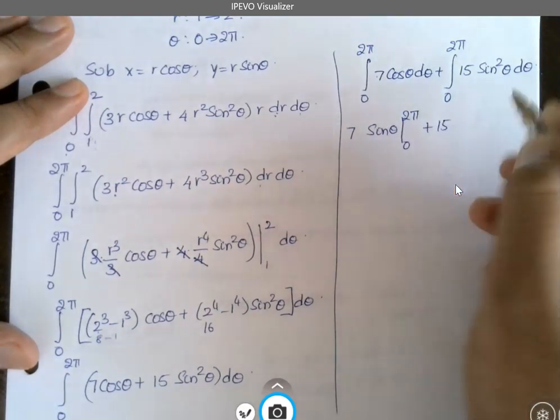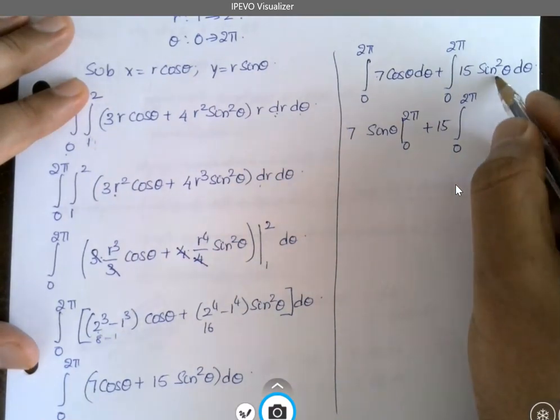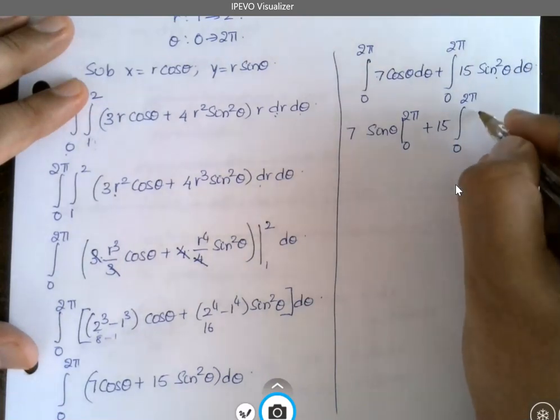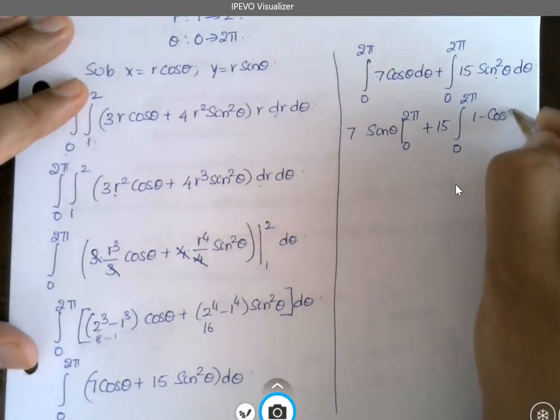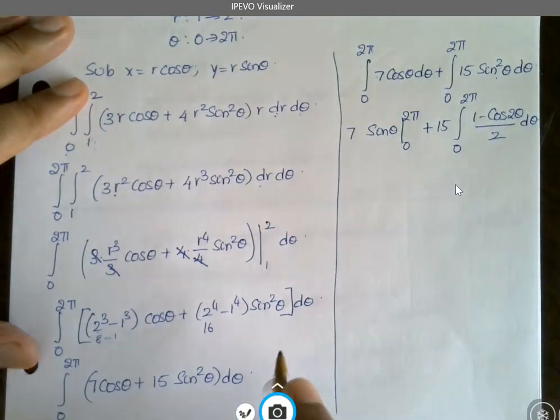Plus 15, and you want to use a double angle formula to integrate it. I think it was (1 minus cosine 2 theta) divided by 2 d theta. Okay, if I'm wrong, fix it.